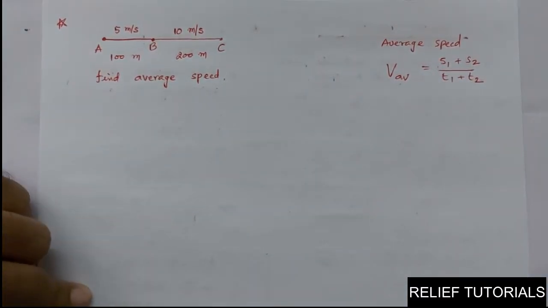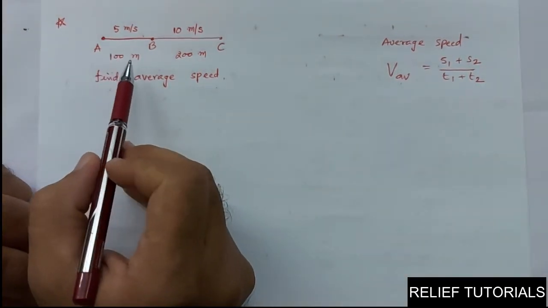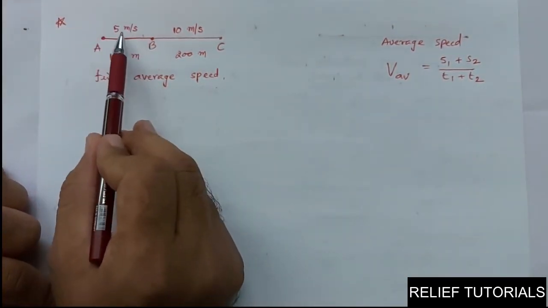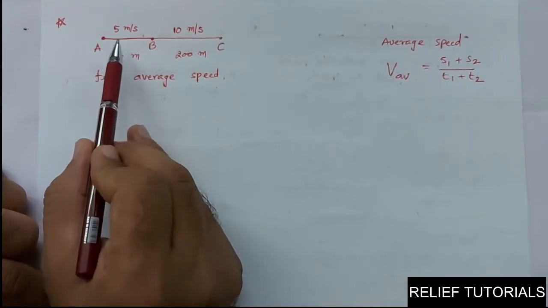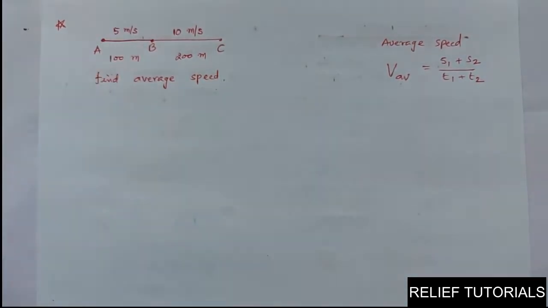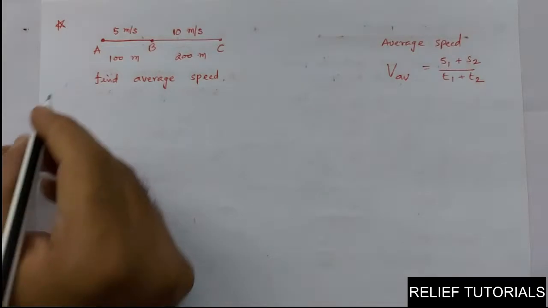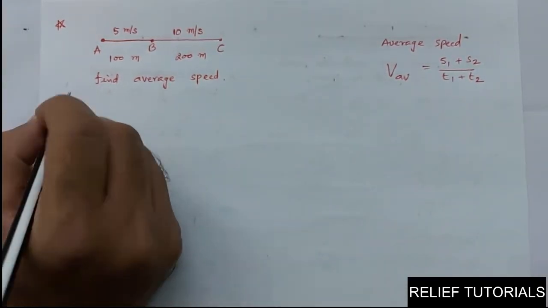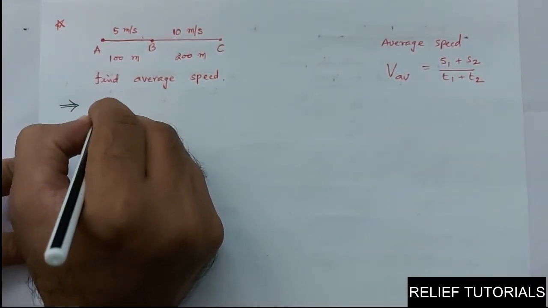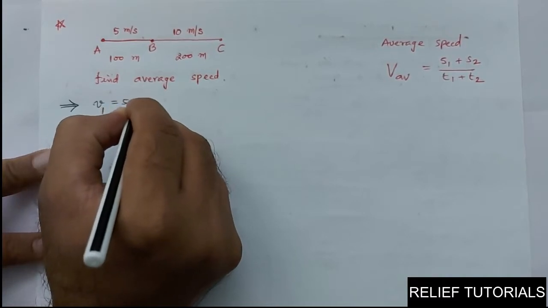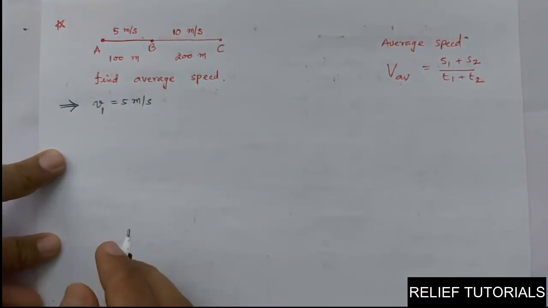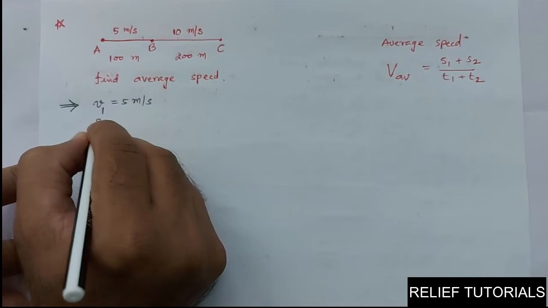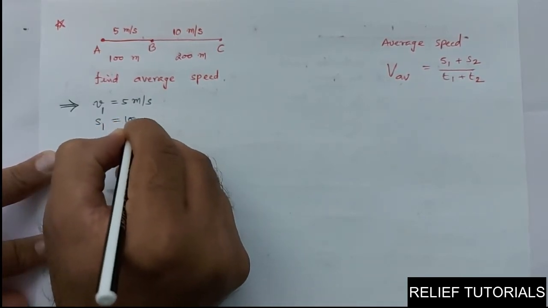But if you see carefully here, in the first part, we have been given two pieces of information. This is speed for the first part. So for the first part, what can we write as the data? The speed V1 is given as 5 meter per second, and distance S1 is given as 100 meter.